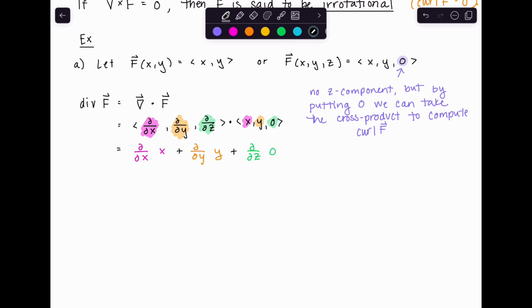So you can see it does nothing. So this ends up being 1 plus 1 plus 0, which gives us 2. So this tells me the divergence is the same at every single point. It's not point specific. It's always going to be 2. But because this is not 0, this is not source free.